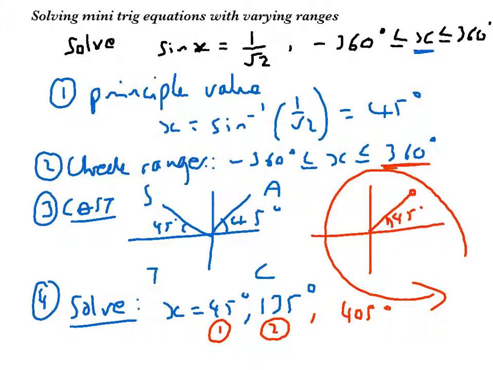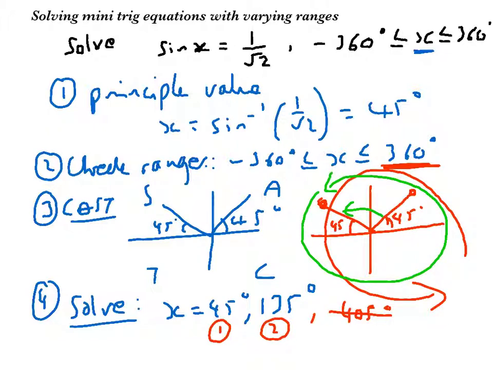That is above 360 degrees and not in our range, so we forget it. Same with number 2, my 135 degrees. If I then went 360 round from that point, because the period repeats itself every 360, that would be 135 plus 360, which is 495. That again exceeds our range, so we disregard it.